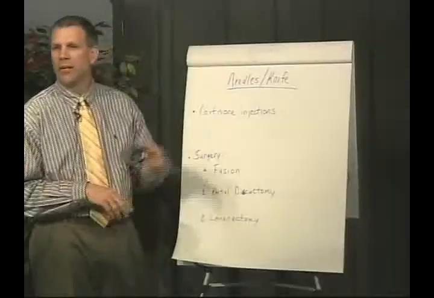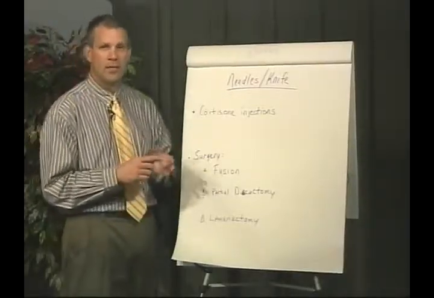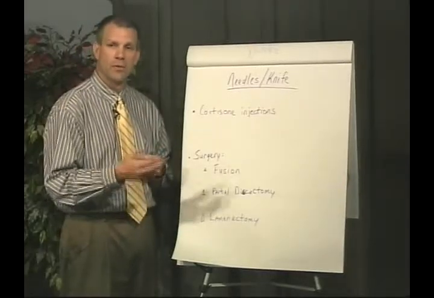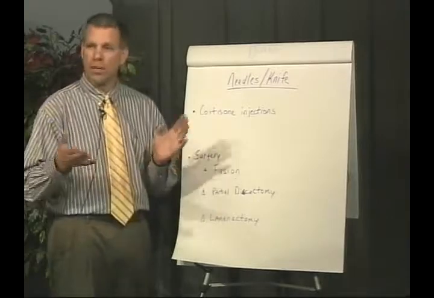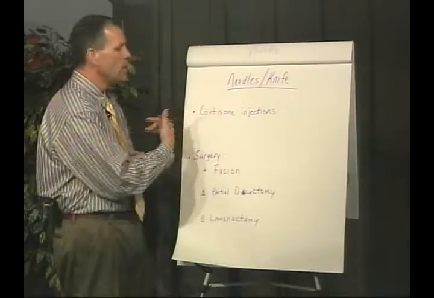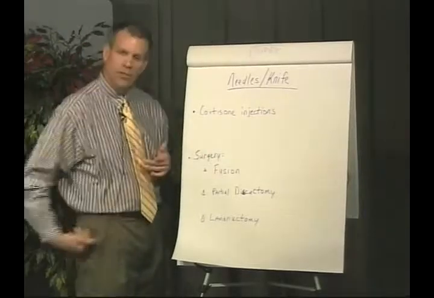The next step of intervention I term needles and knives, because the next thing is they're either going to inject something into you or they're going to cut something out of you. Doesn't make it wrong, it is just their way of dealing with it. First, with cortisone injections, they will talk about having injections into the area of concern.